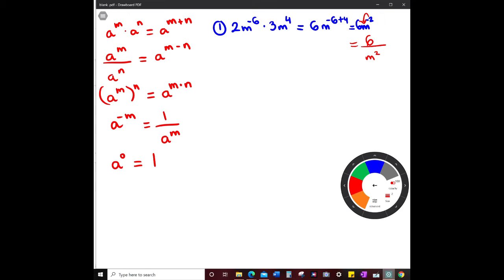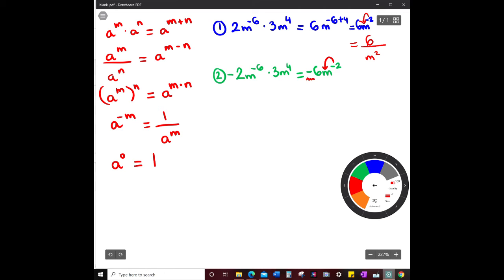So this is the final answer when you write without negative exponent. Okay, we can try another one. Now I throw in negative 2m raised to negative 6 times 3m to the 4th power. I purposely make it kind of similar, but just a little bit different with the negative sign. So this will make our answer negative 6 and then m, and we still have negative 2 for the exponent. Now you see that the negative 2 still applies to m.